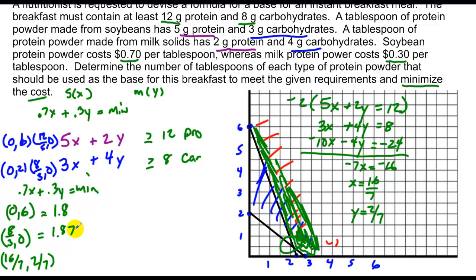And 16/7 times 0.7 plus 0.3 times 2/7 is about 1.69. So there's your minimum value of 1.69 for 16/7 of a tablespoon of soybean and 2/7 of a tablespoon of the milk.